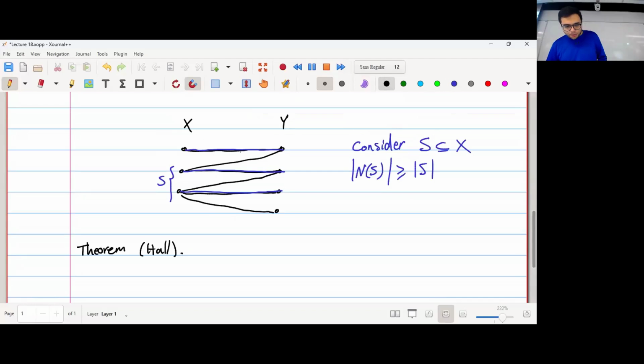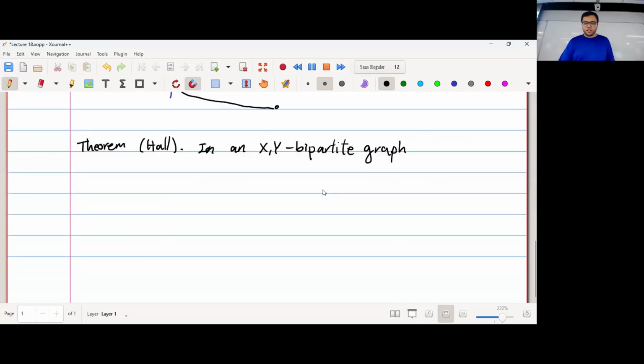Basically, it says in a bipartite graph XY, we have a matching that covers all of X, there is a matching M. I think they don't call it cover.